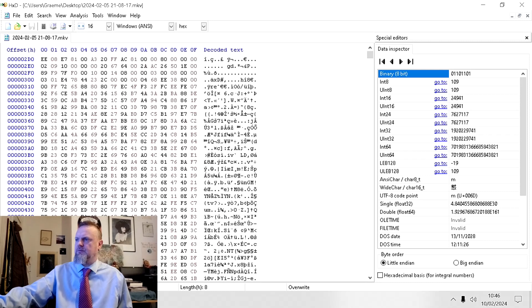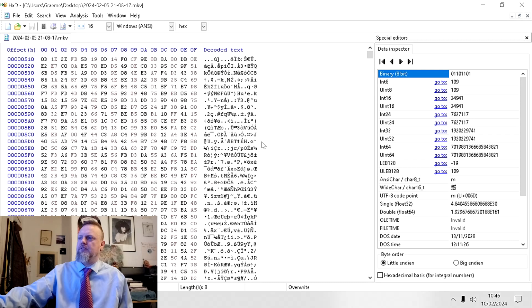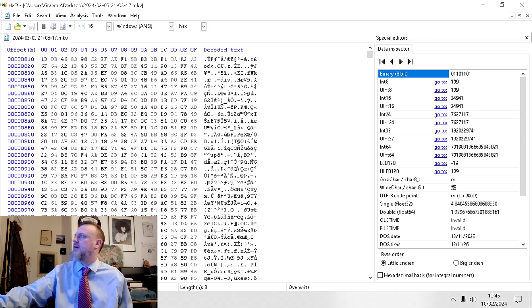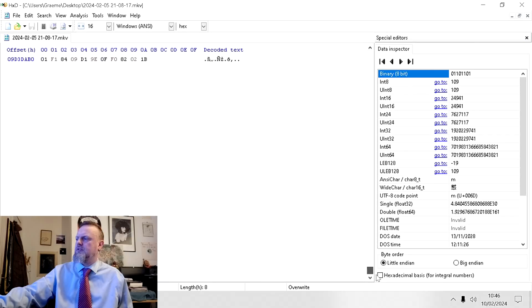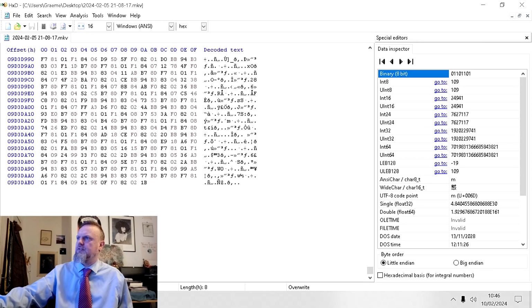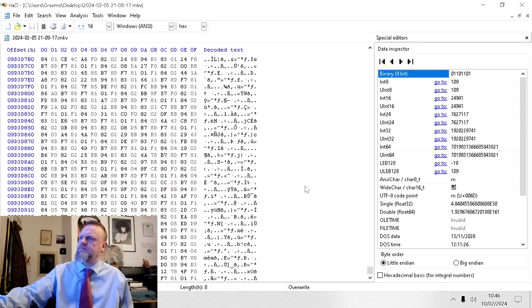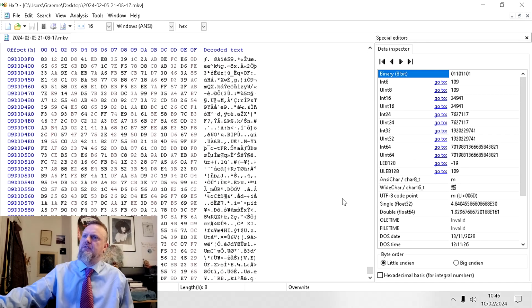Now, you don't want to mess around with that, or else it's not going to play. It'll get wrecked. Some file formats also have information at the end, but it doesn't look like there's anything here that's any big deal.